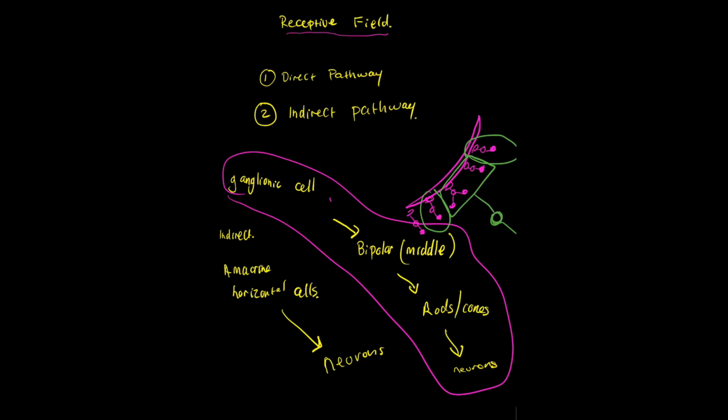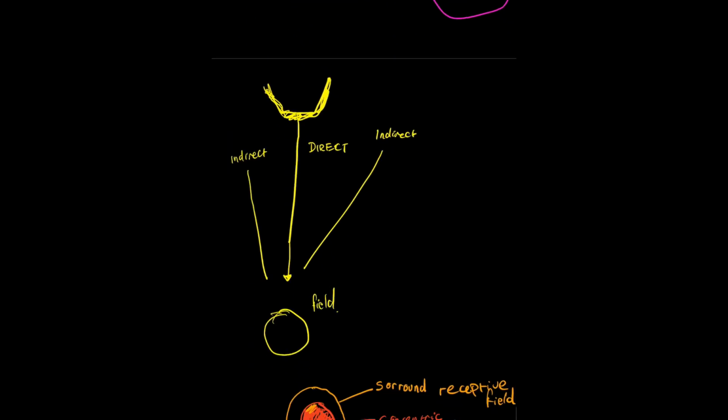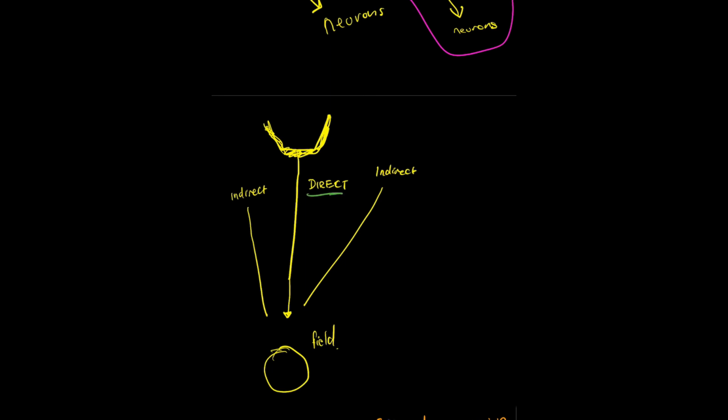We don't just use the direct pathway, we also use these alternative pathways, and we call these amacrine and horizontal cells. The amacrine and horizontal cells do not connect at the top, but they connect through to the neuron back here through an indirect pathway. They give context, and we'll explain what that context looks like. But just to imagine it, you've got the direct pathway where the light has directly hit the receptors.